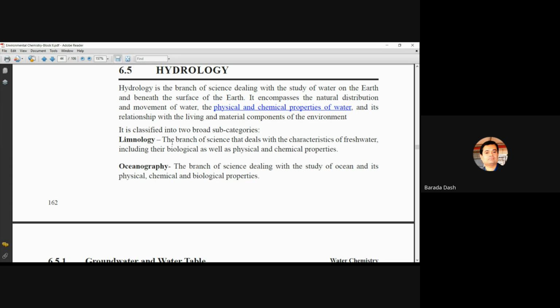It is classified into two broad subcategories: limnology, the branch of science that deals with the characteristics of fresh water, including their biological as well as physical and chemical properties; and oceanography, the branch of science dealing with the study of ocean and its physical, chemical, and biological properties.